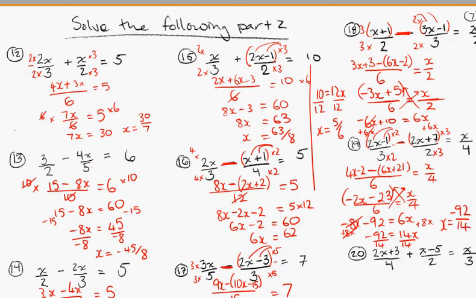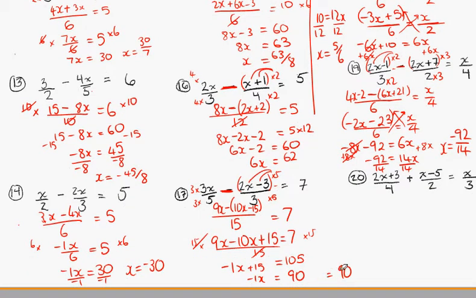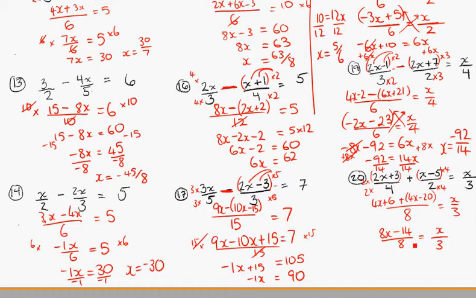Right, number 20, we're really running out of room. We're going to go for a common denominator on the left hand side of 8, multiplying by 2 over 2, multiplying by 4 over 4, top line 4x plus 4x is 8x, 6 take away 20, and of course once I have one fraction equaling another fraction, we will cross multiply. 3 times 8x minus 14, 3 times 14, minusing 8x from both sides.